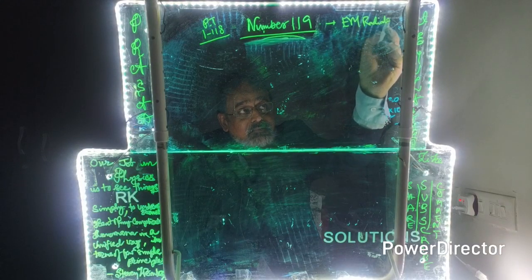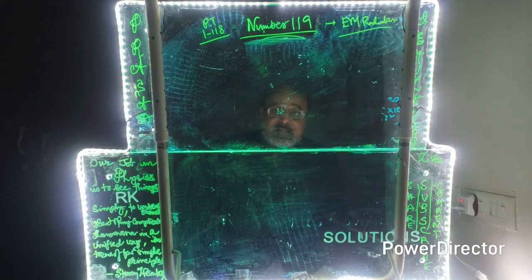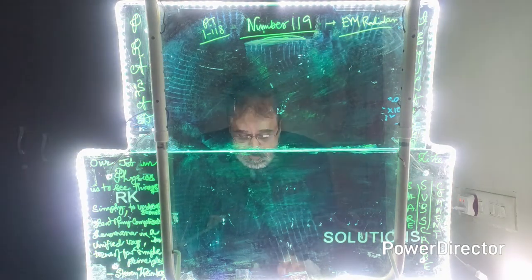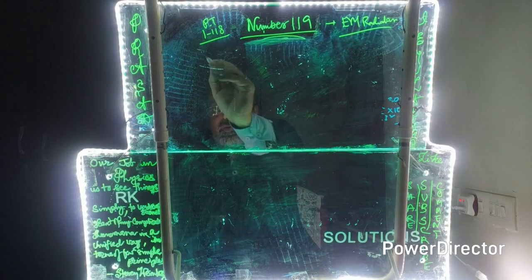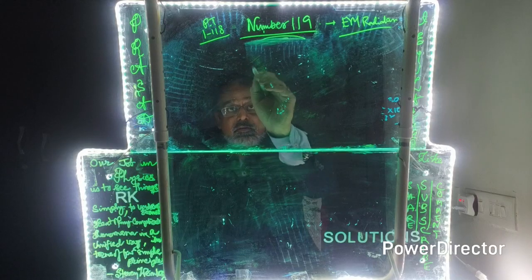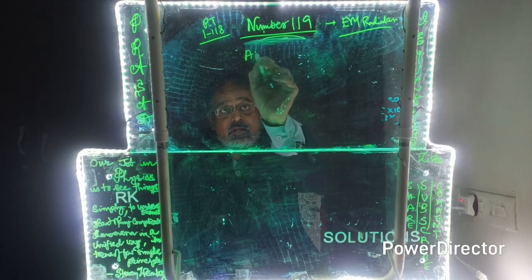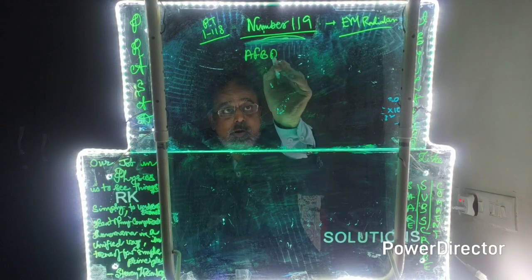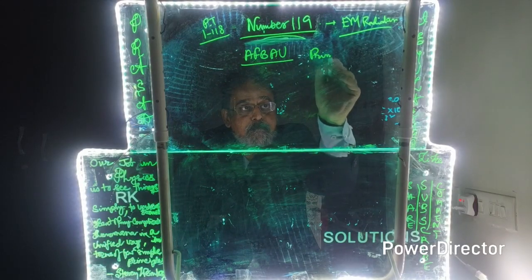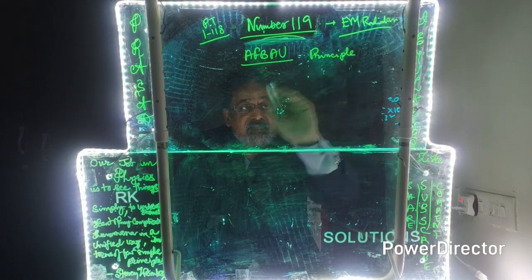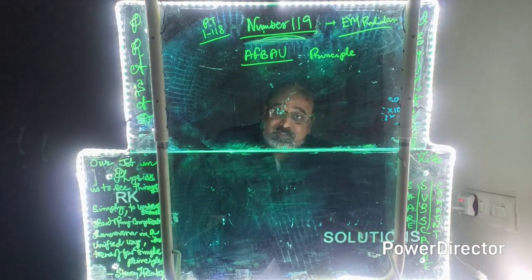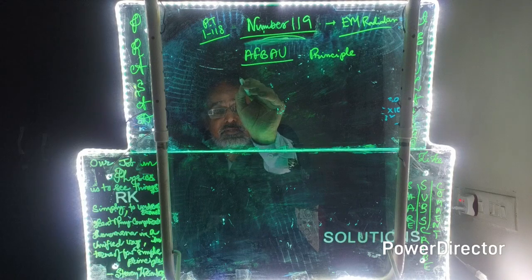It turns into electromagnetic radiation by dividing into 3 into 10 raised to 8 particles. Now, we have basically what we call the Aufbau principle. Aufbau principle says, before that, we should know certain things.